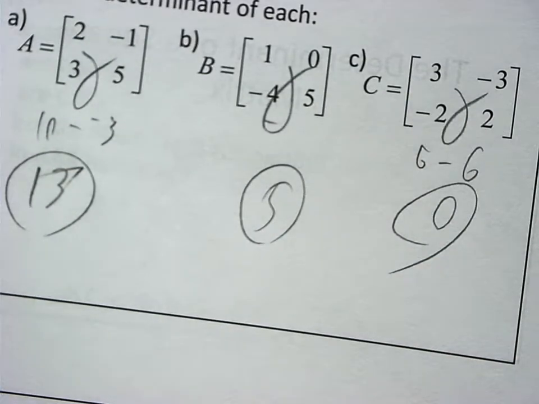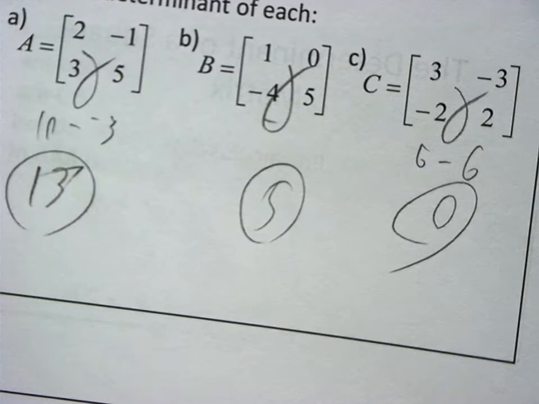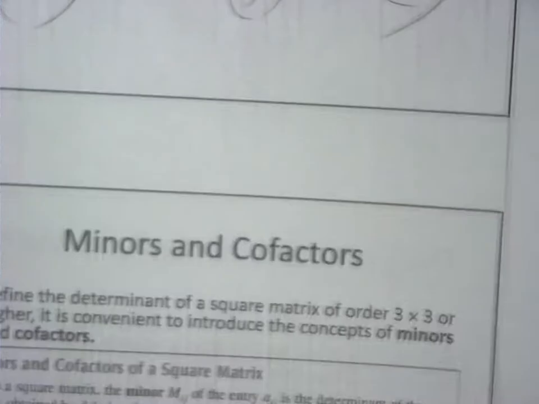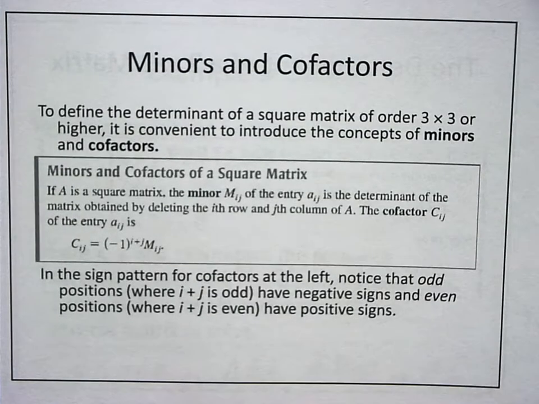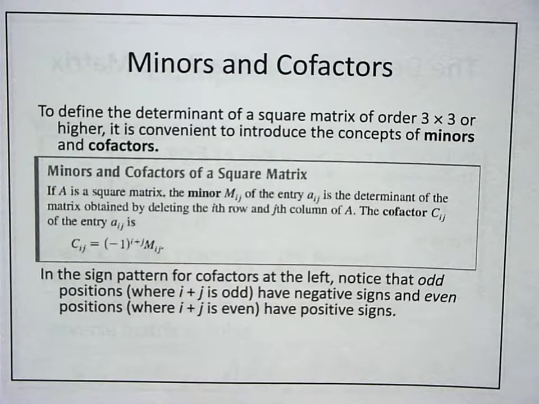Okay? Now, the problem with larger matrices is you need to actually look for something a little bit different with them. Okay? You need to break them down into smaller pieces. To do this, we're first going to look at finding what are called minors and cofactors. Now, the minor of a matrix, there's not just one. There's one for every single entry.